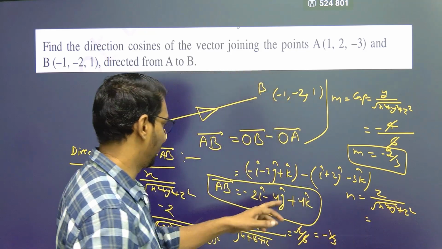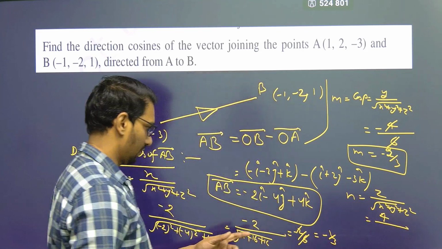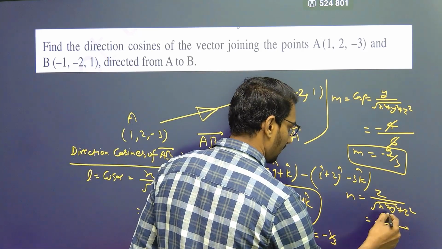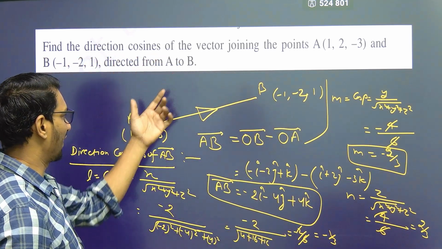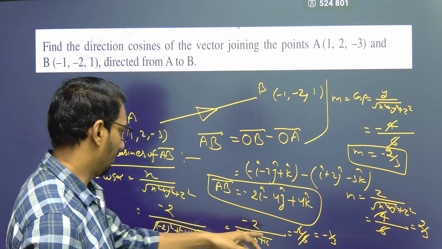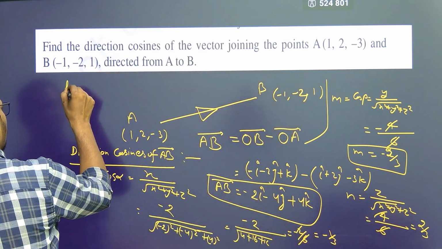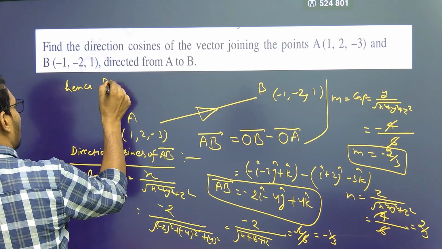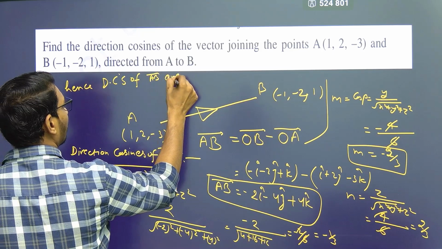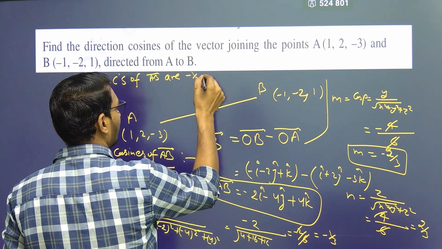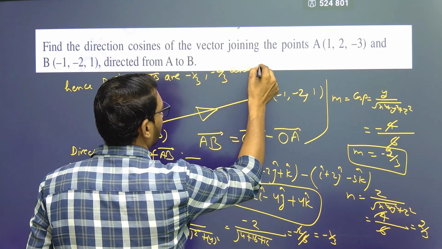So z is 4 divided by 6, so this is 2 by 3. Hence, direction cosines of vector AB are minus 1 by 3, comma, minus 2 by 3, comma, 2 by 3.